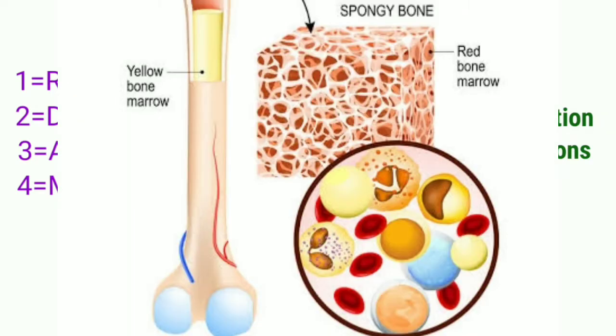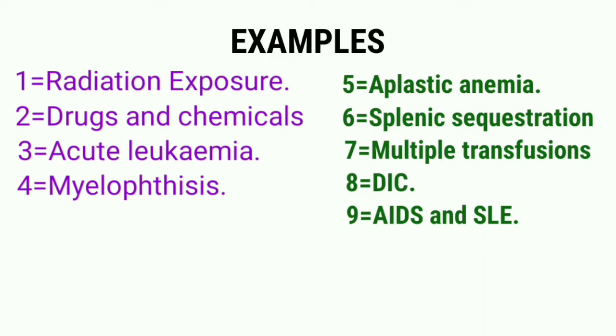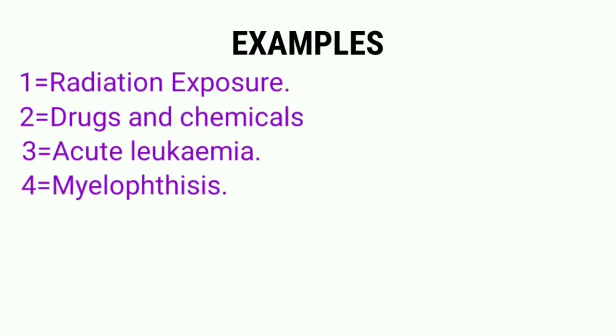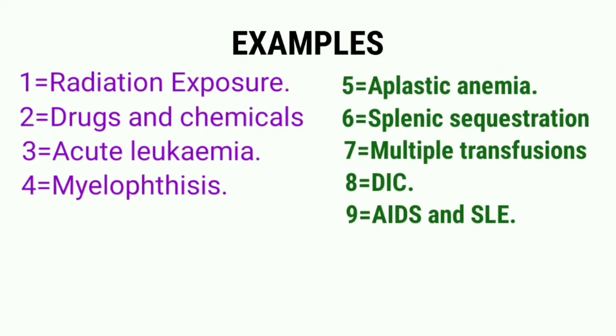The causes of platelet deficiency in the body can be radiation exposure, drugs and chemicals, acute leukemia, and myelophthisis in which the bone marrow is replaced by tumor, fibrous tissue or granulomas.